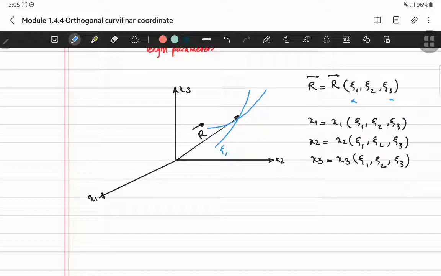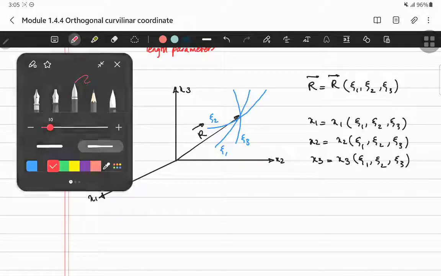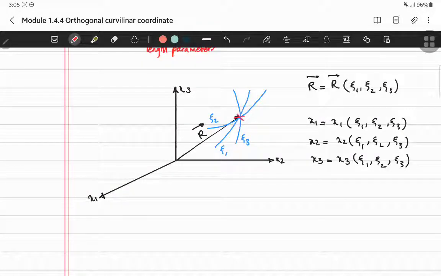This is z2. And I keep these two constant and I vary z3. So I get, for example, something like this. And the collision of these three is basically the point where I have my R in here.